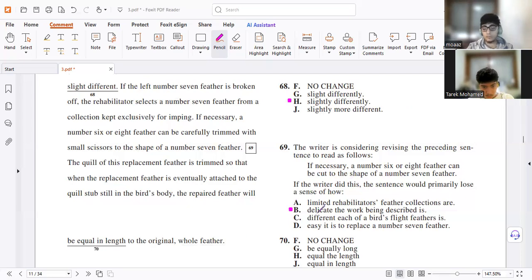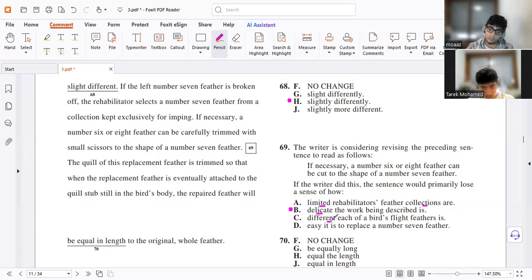Remember the word delicate here has two different meanings. Delicate sometimes means something done or being done carefully. And sometimes it means weak as an adjective. So you're talking about something done carefully. Feel it? We are not talking about the limited collections.